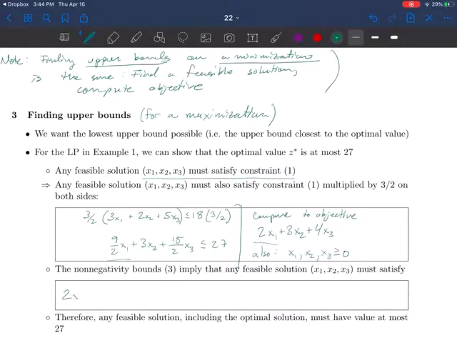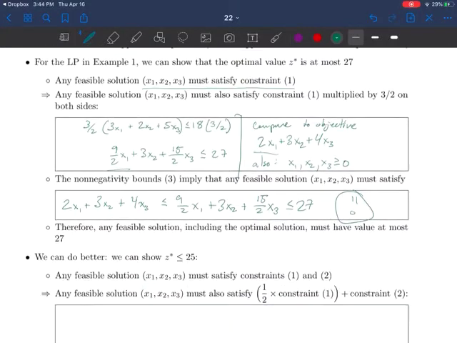And 15 halves times x3 is greater or equal to 4x3. So I can write out that 2x1 plus 3x2 plus 4x3 must be less than or equal to 9 halves x1 plus 3x2 plus 15 halves x3, which is less than or equal to 27.